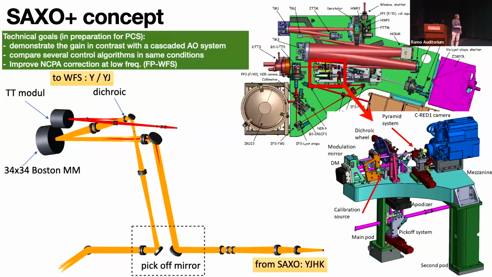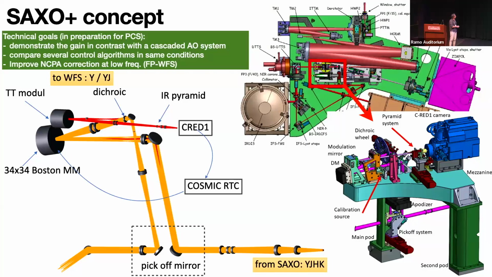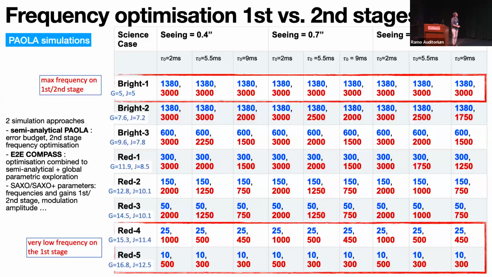And in the wavefront sensor part, we have an infrared pyramid, a Silhouette 1 camera, and a tip-tilt modulator. And then a Boston Micromachines deformable mirror, 34 by 34 actuators, which is driven by the RTC, the real-time computer Cosmic. And we will also have a new apodizer that we will talk about very quickly in the next slides.